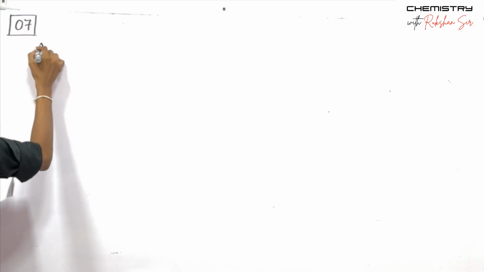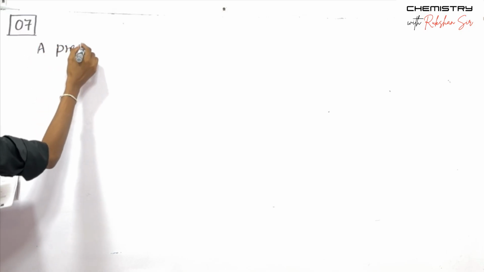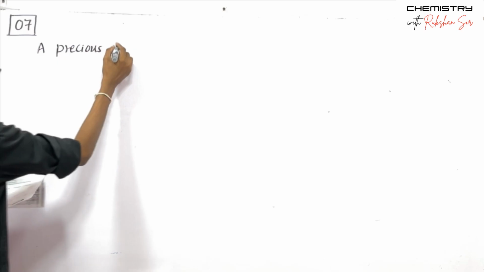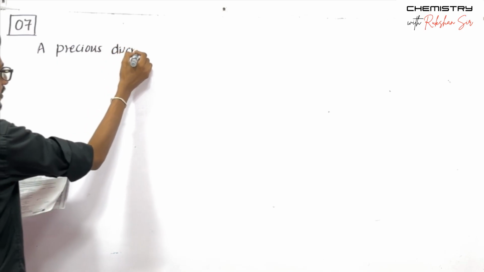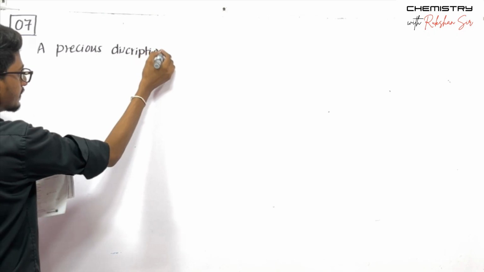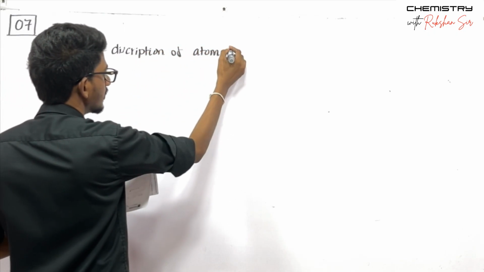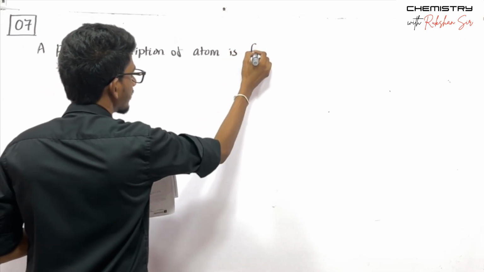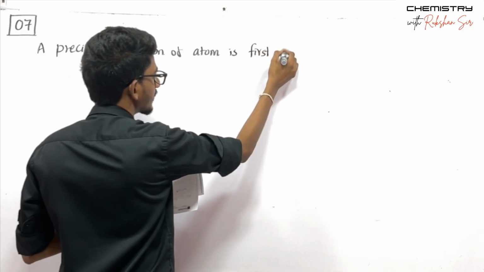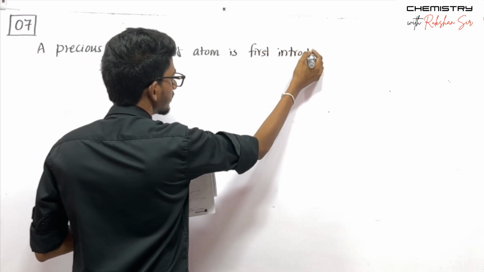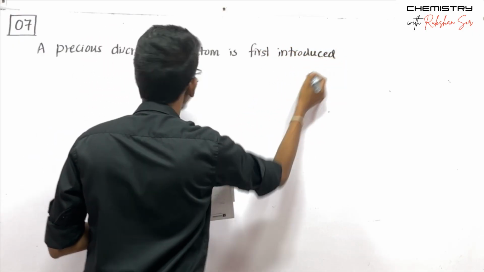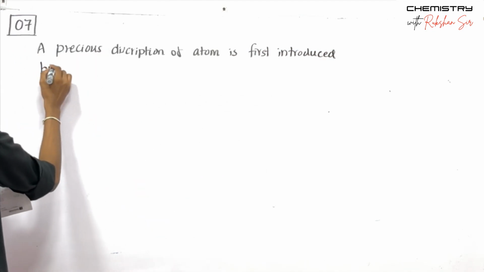So, a precise description of atom is first introduced by who?